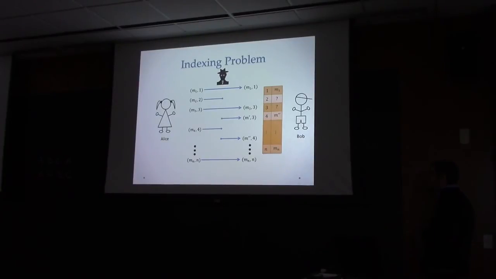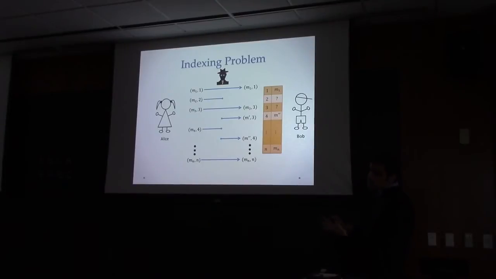So I'm going to introduce a new type of errors, which I'm going to refer to as half errors. I say that this message is corrupted by k half errors if the adversary has changed some of the messages into question marks and has changed some of them to a totally different thing, such that if you count the number of question marks plus twice the number of messages that have been changed, that number is at most k.